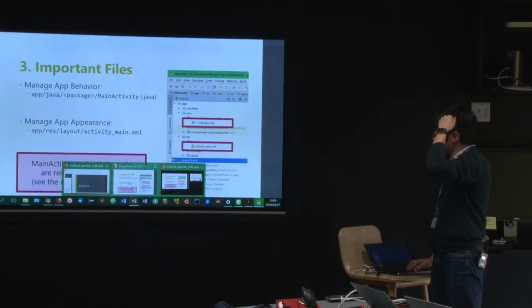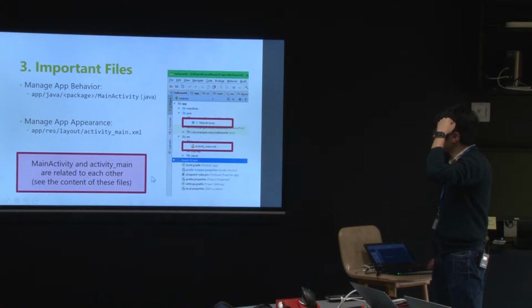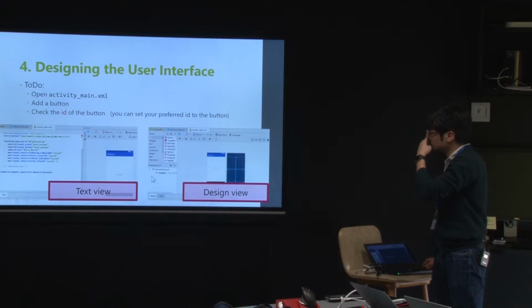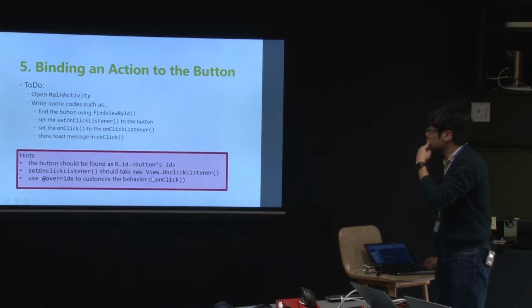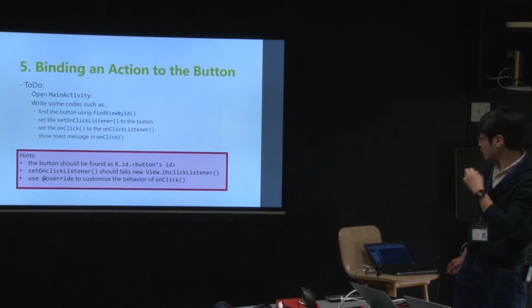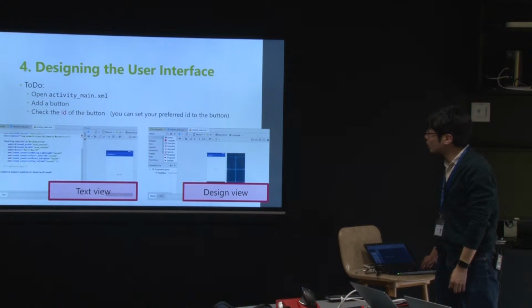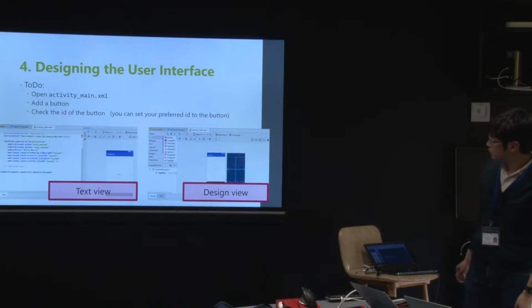But I want you to do something. Okay, here. So could you please open the activity_main.xml? And I would like you to add a button onto your screen.